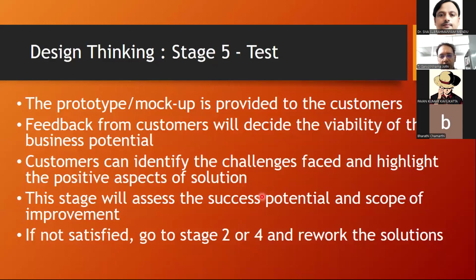With all these inputs, we have to implement again, or go back to the previous stages, like the define stage if our problem definition is not correct, or the prototype stage if small changes in the final model have to be made. So we have to go to these old stages and reiterate.